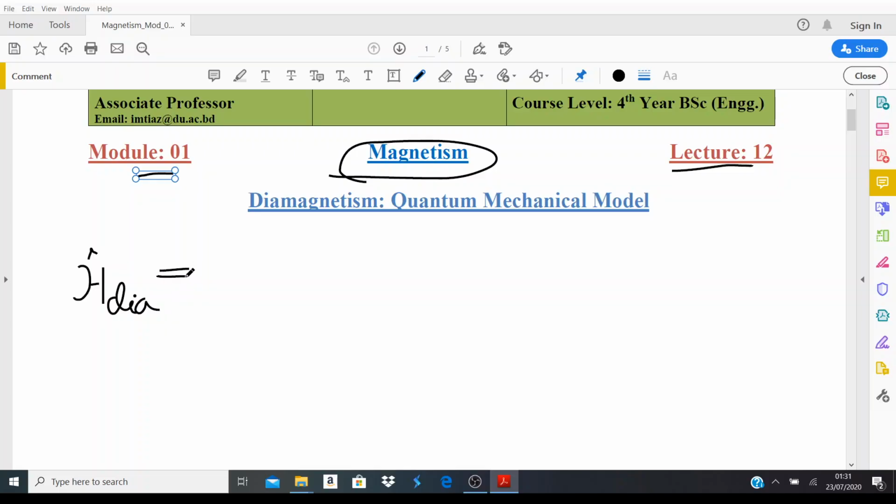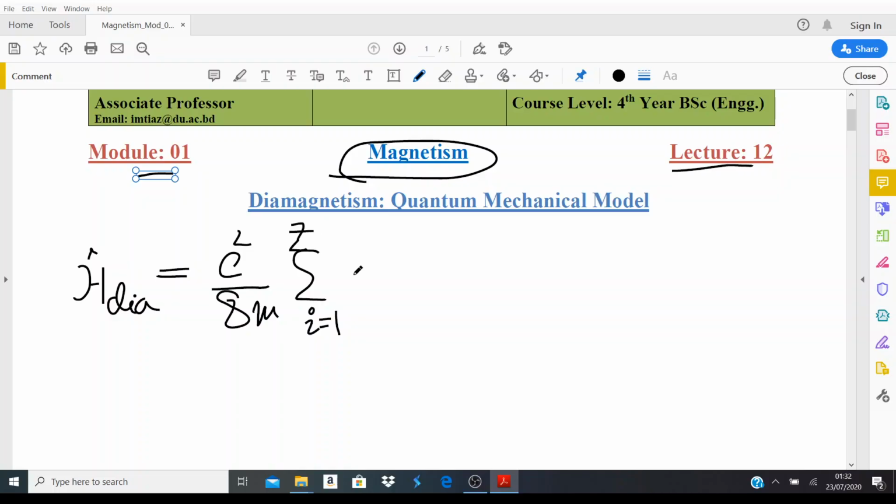The expression we found for this Hamiltonian goes like the electronic charge squared divided by 8 times the mass of the electron. We need to sum over all the electrons, let's say from 1 to Z electrons.